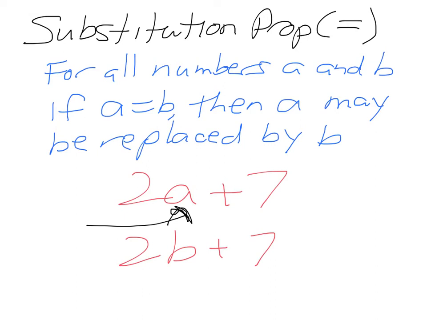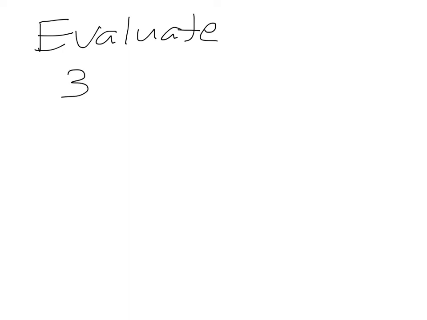Now, let me give you a better example of that. What we're going to do is what's called evaluate. An evaluation is when we take an expression and replace the variables with numbers. So for example, 3A plus 9 if A equals 5.